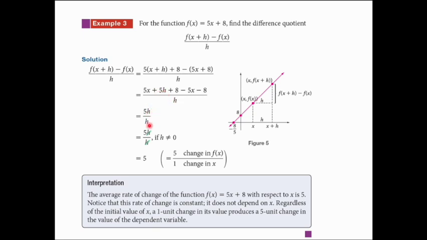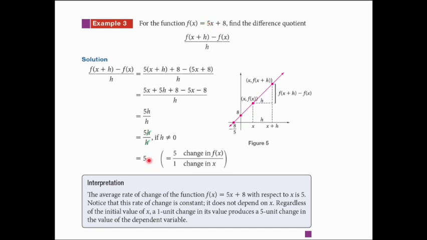So I'm left with 5h over h. I can cross off the h's. And then what I'm left with is 5. And this is exactly what we should have expected to get right from the beginning, because if you notice, this is a linear function. And linear functions have a constant rate of change, which is the slope.